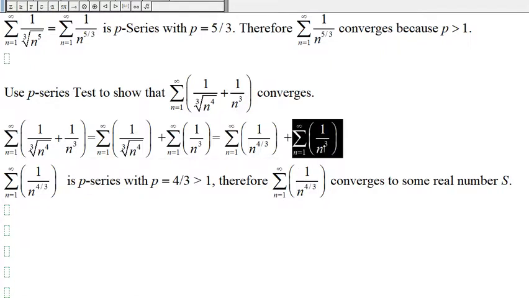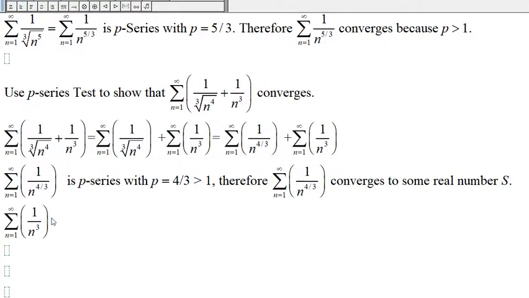And then this series right here is a P series with P equal to 3, which is greater than 1.